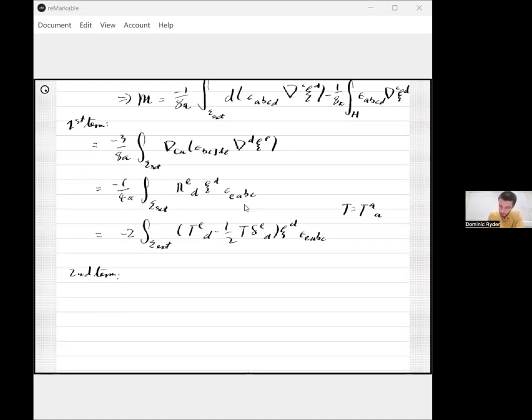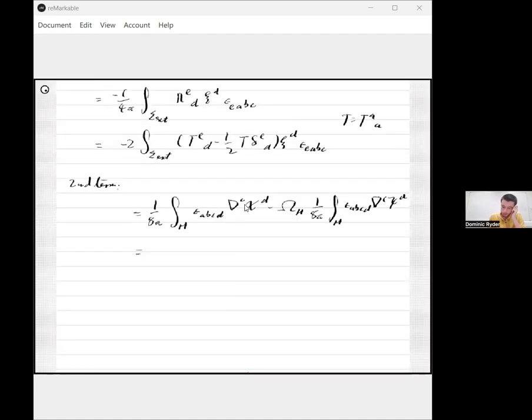And so taking the second term, it's equal to 1 over 8 pi, integral over H epsilon_ABCD chi^D, minus omega_H times 1 over 8 pi, integral over H epsilon_ABCD psi^D.